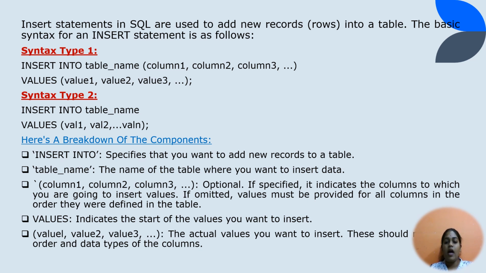If omitted, the values must be provided for all columns in the order they were defined in the table. Values indicates the start of the values you want to insert. Value 1, value 2 up to value n are the actual values that you want to insert. This shows the order and the data types of the columns.